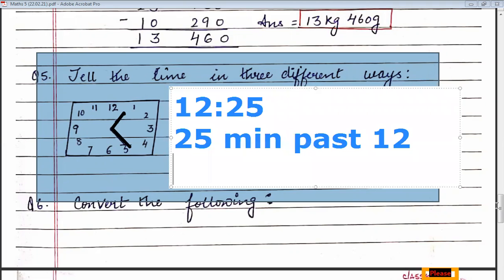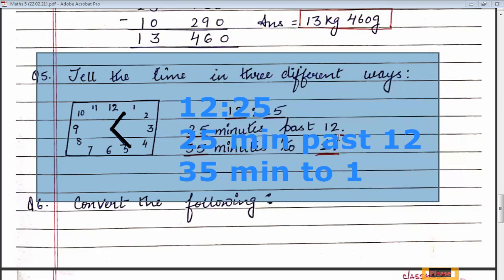So there are total 60 minutes. So 60 minus 25 is your 35. So children, you can say that it's 35 minutes to next hour, and that is 1. Okay, children. So these are the three different ways to tell the time.